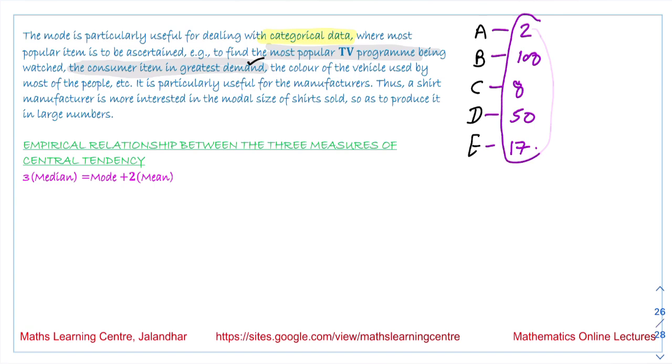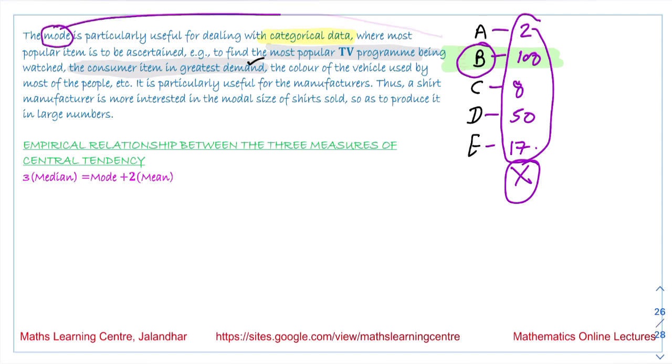If we calculate the mean of this data, we are not going to get any meaningful answer. So we look at the maximum frequency, which corresponds to B. So B has the highest demand. So we are using the mode as the measure of central tendency over here.